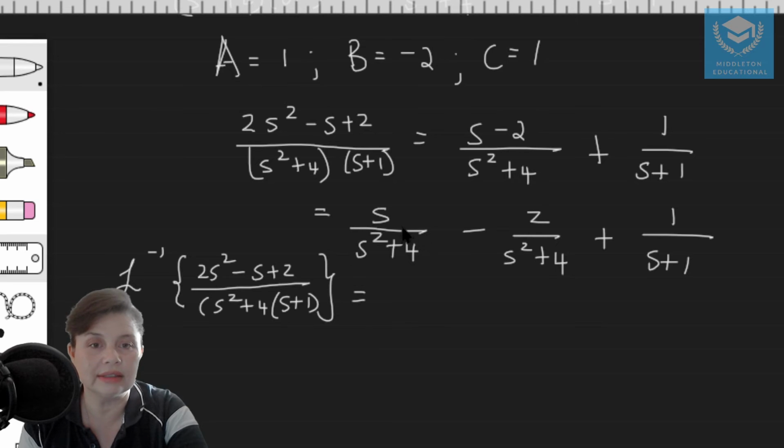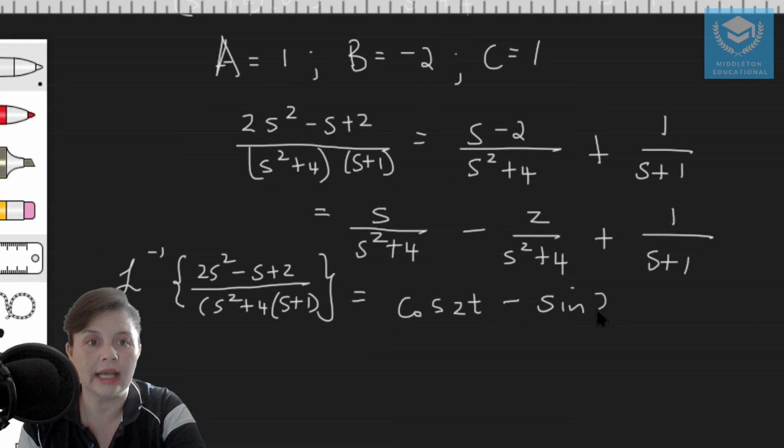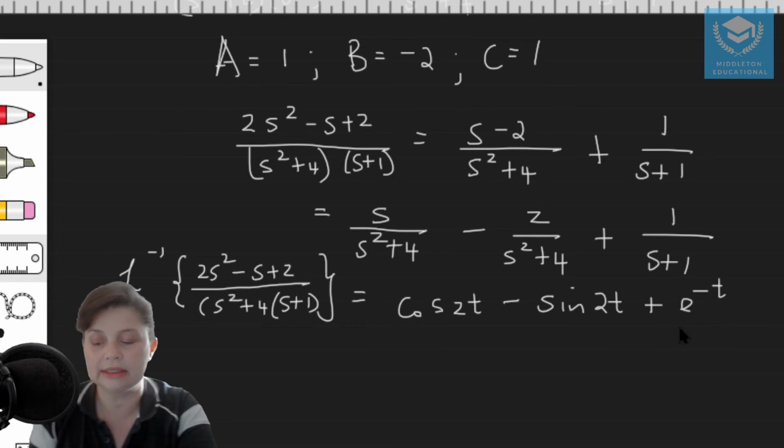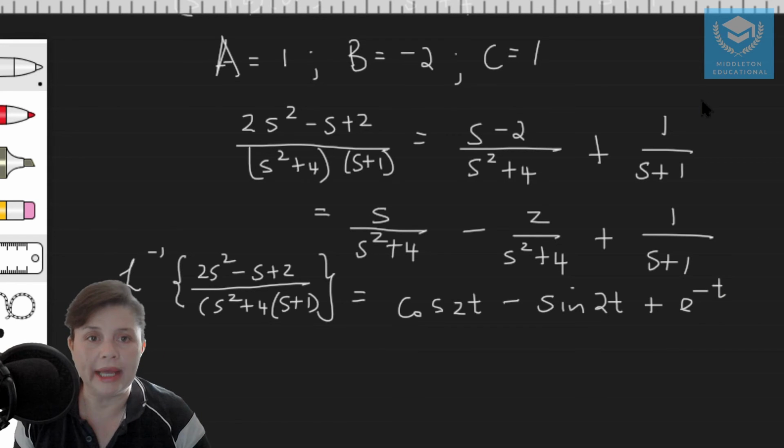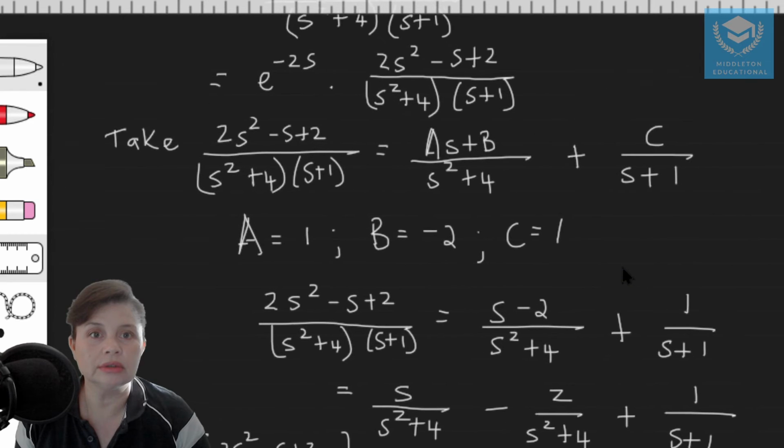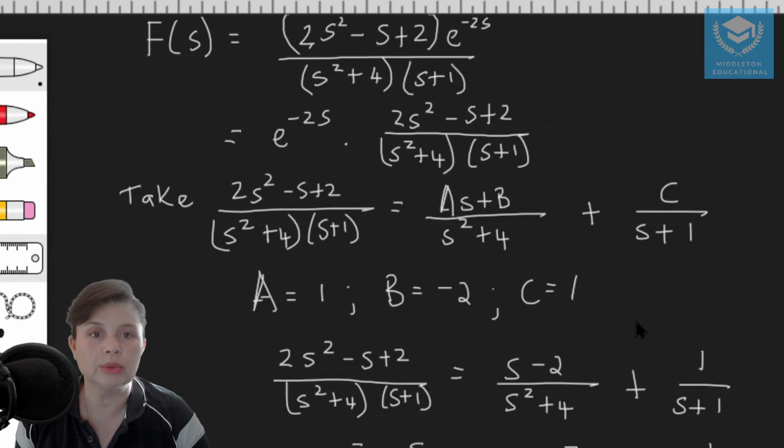The first term is going to be cos 2t. The second term is going to be sine 2t, and your third term is going to be e to the power minus t. So now we go back to our original transform that we want to find the inverse of. We had e to the power minus 2s.